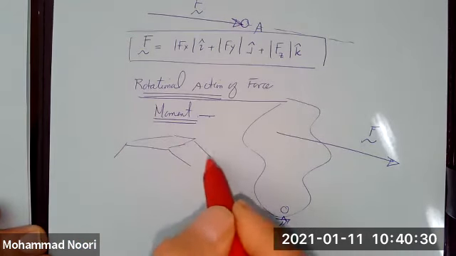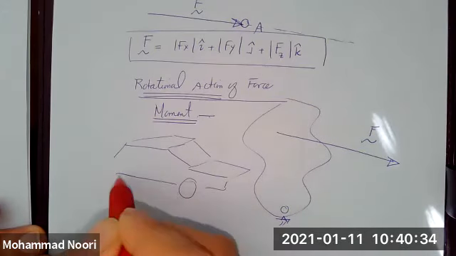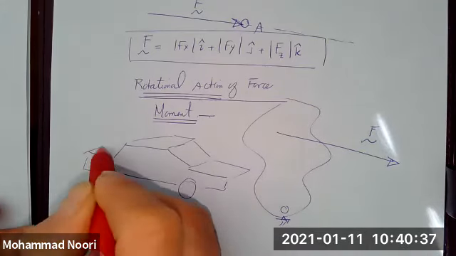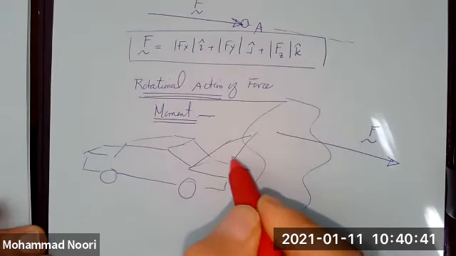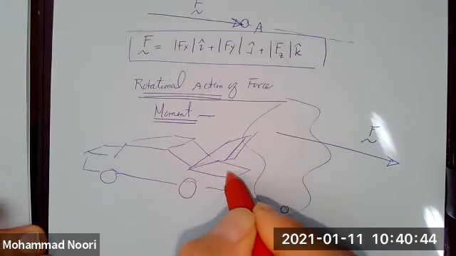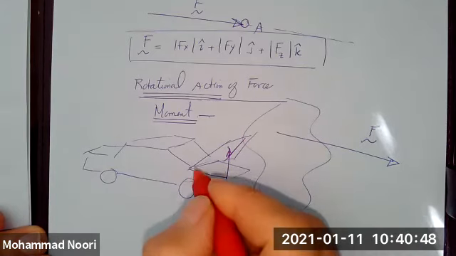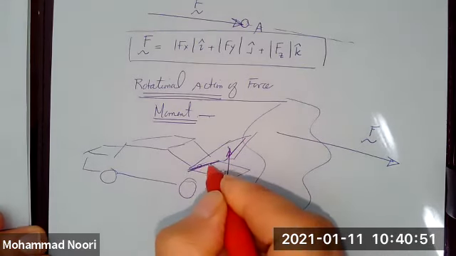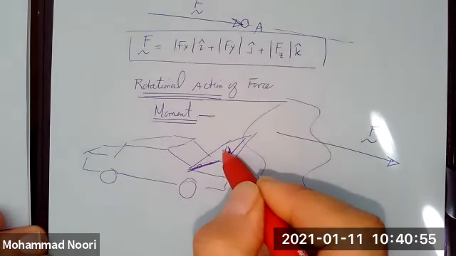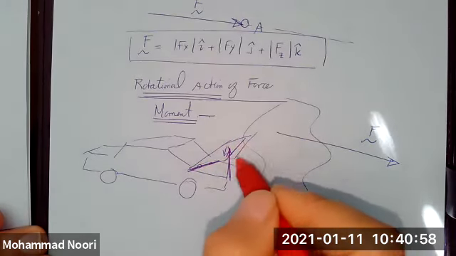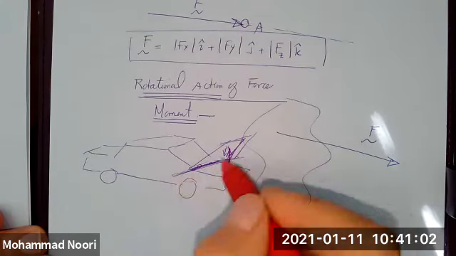If you have a car and your beautiful car, of course, has a hood, and you lift this hood and you put a rod here to hold this hood, we are interested to know what is the rotational action of this force and the force of gravity of this hood about this axis of rotation.